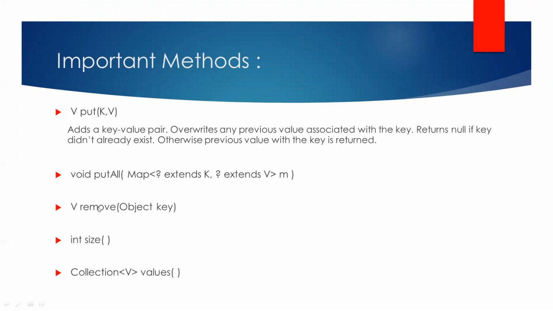If you want to remove any element, you can remove the element by passing the key. To check the size of your map, you can use the method size. And if you want to convert the map into the collection, then you can use the method values. So one by one, just look at the method.